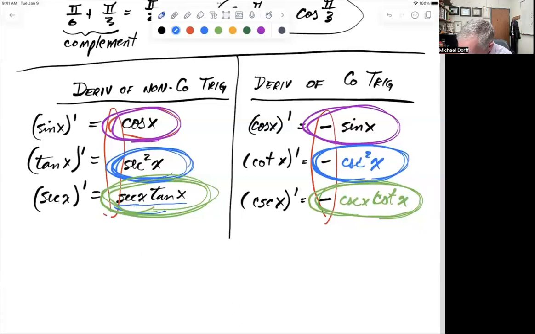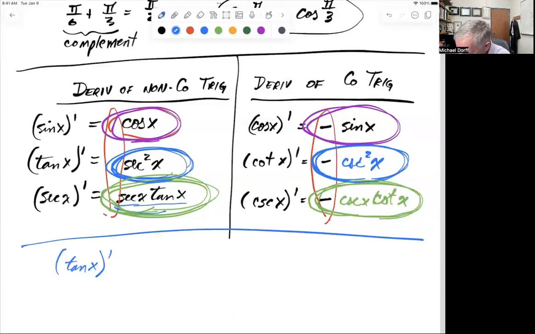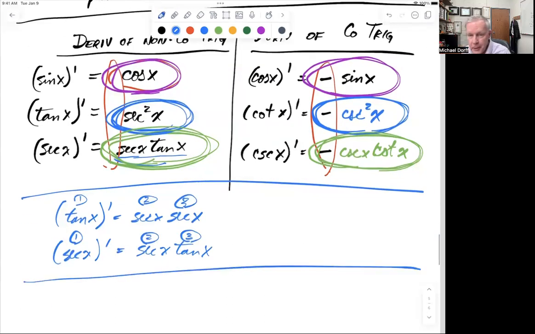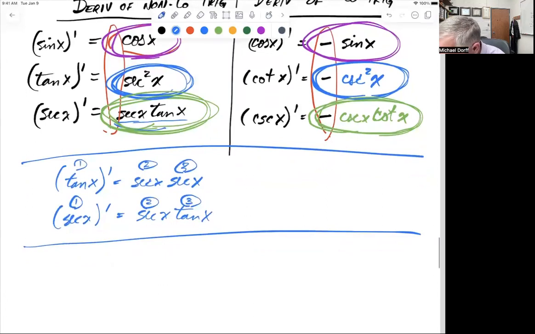So the derivative of tangent gives a tangent, a secant, and a secant, and the derivative of secant gives a secant and a tangent. That might help you remember those different values.